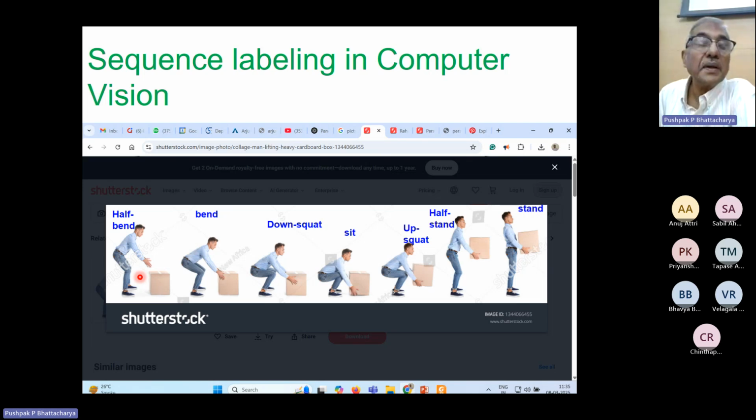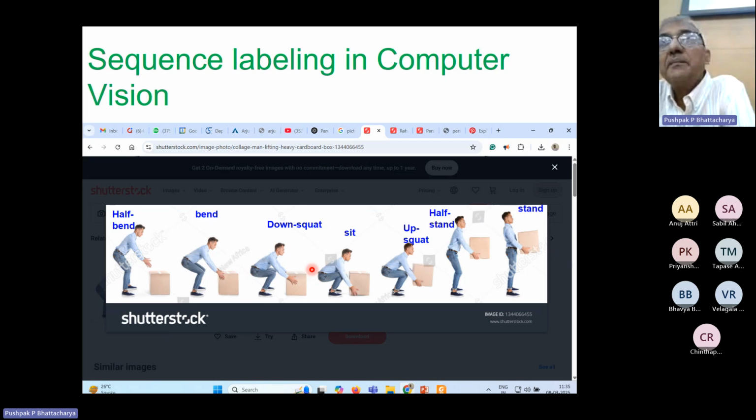This kind of data is given to a machine learning model, and each posture is labeled, and the final decision is suspicious or non-suspicious. Or even each posture is asked to be labeled by the machine learning system.